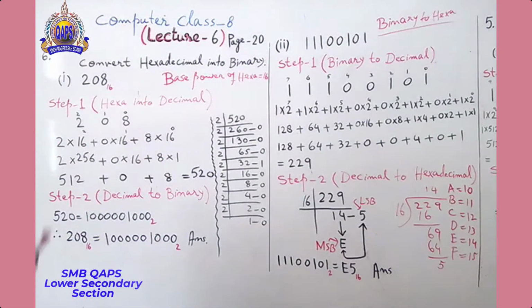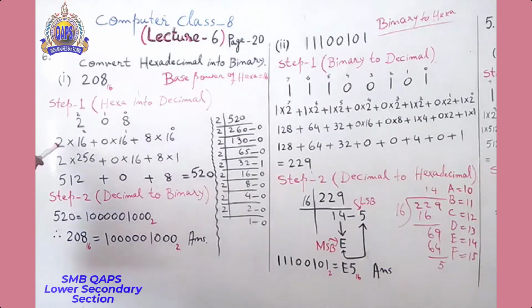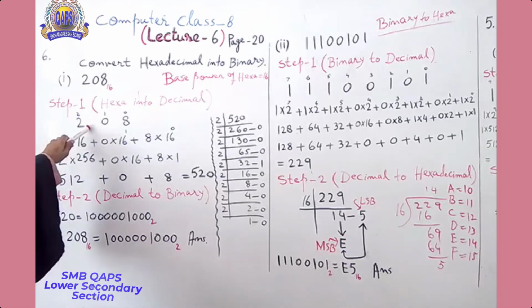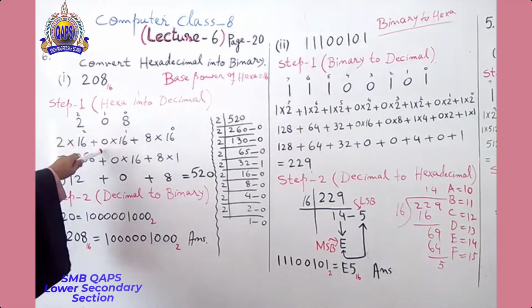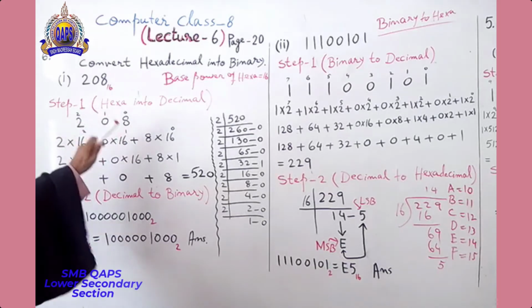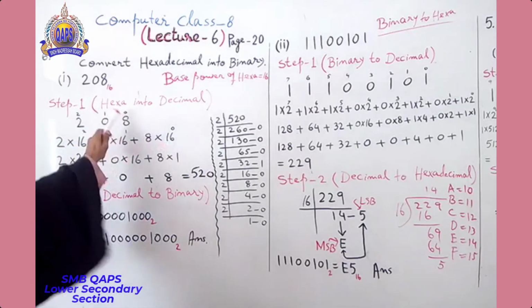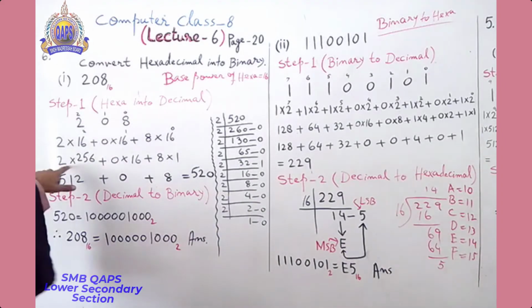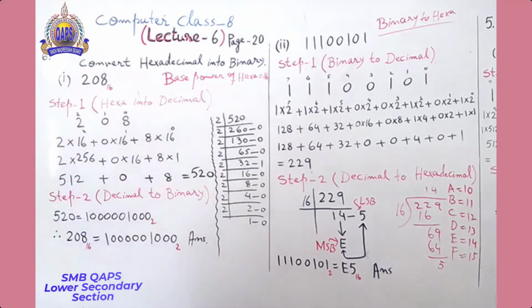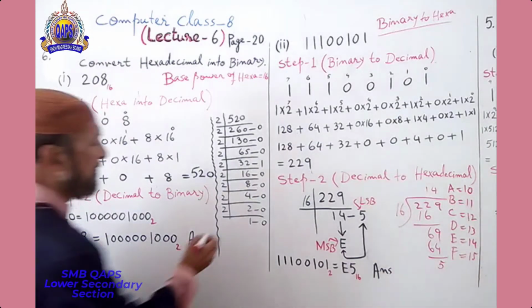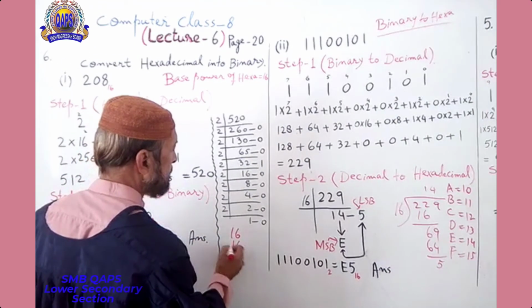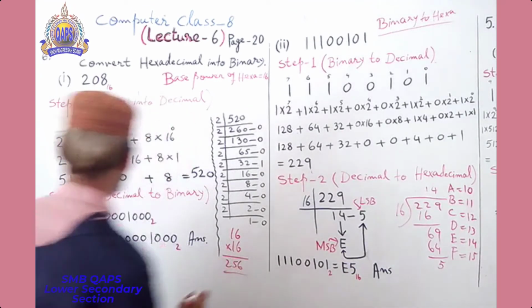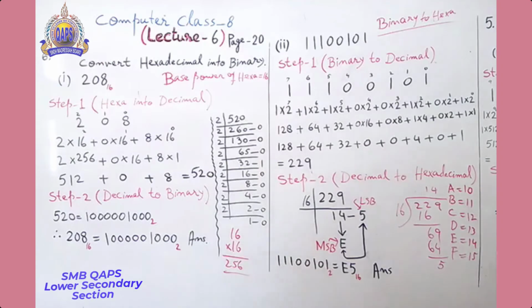Remember it. I am writing over here. Okay? Now, 2 into 16 power 2, 0 into 16 power 1, plus 8 into 16 power 0. 2 into 16 into 16. Understand?